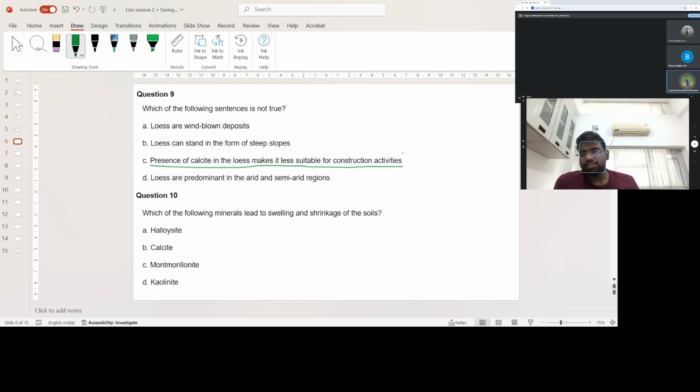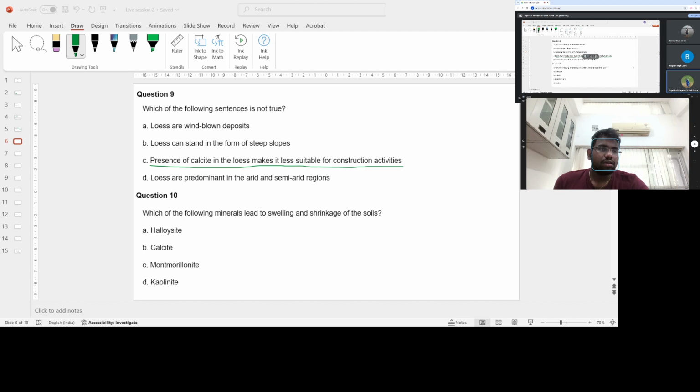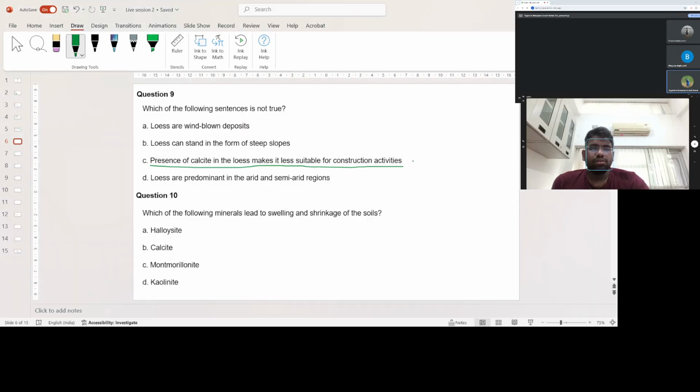Construction activities, in the sense, if we consider it as an aggregate, what does concrete consist of? I hope all are from the civil engineering branch, right? It is cement, fine aggregate, and coarse aggregate. Here, fine and coarse aggregates are bonded by a cementing agent, which is cement.